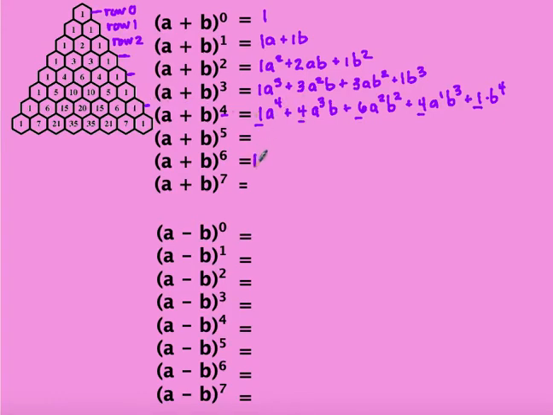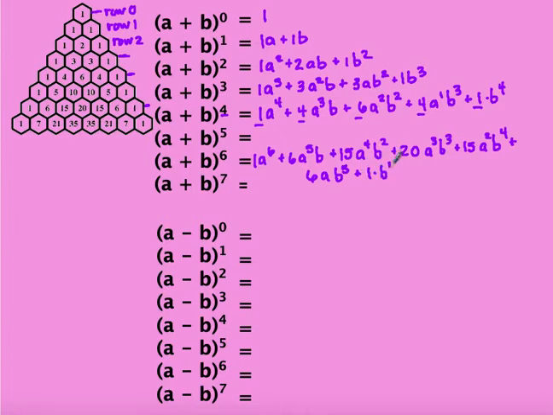I'm going to end up with 1a to the 6th plus 6a to the 5th, lower the a, raise the b, plus 15, lower the a, raise the b, plus 20, lower the a, raise the b, plus 15, lower the a, raise the b, running out of room here, plus 6, I'm going to pull this down here, lower the a, raise the b, plus 1, and I lose the a, and my b goes to its highest power of 6.